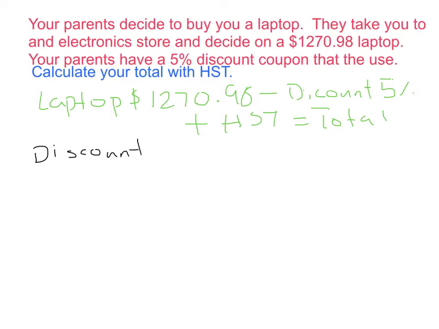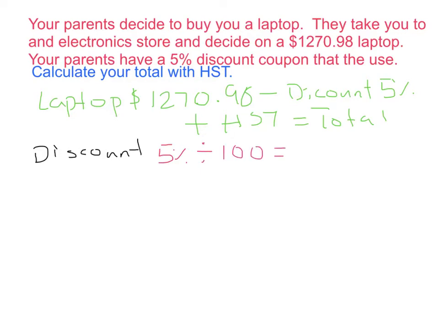Always when you're doing anything with percentages, you can't just take your amount and subtract the 5%. You need to take this percentage and turn it into a decimal. I know it's 5%. In order to turn a percentage into a decimal, I need to divide it by 100.